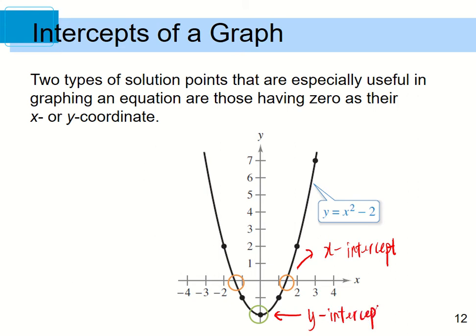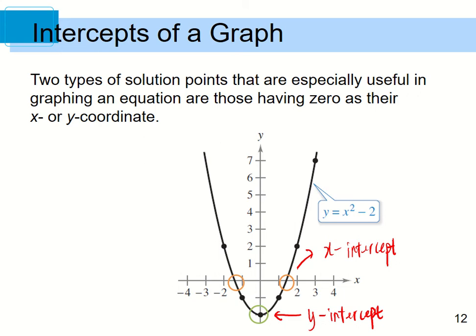The reason why we call this the y-intercept is because the graph crosses the y-axis at this point. So when the graph crosses the x-axis, we call this the x-intercept, and when the curve crosses the y-axis, we call this the y-intercept.